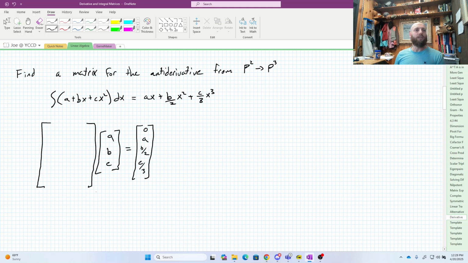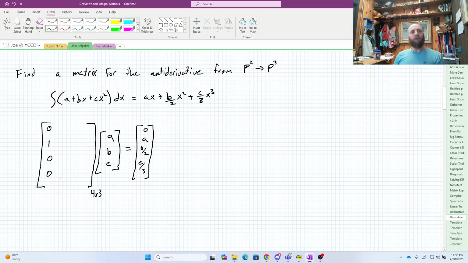So my matrix here ought to be 4 rows by 3 columns, right? Because I'm going from a 3-dimensional space to a 4-dimensional space. And then in this first column, I'm going to get what I would get by integrating 1, which is going to be 0, and 1 in the x spot, 0 in the x squared spot, 0 in the x cubed spot.